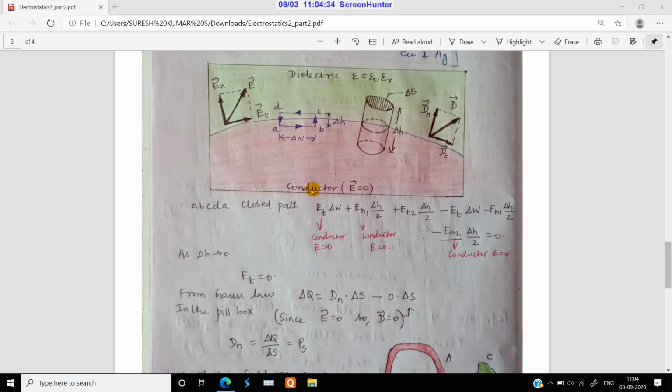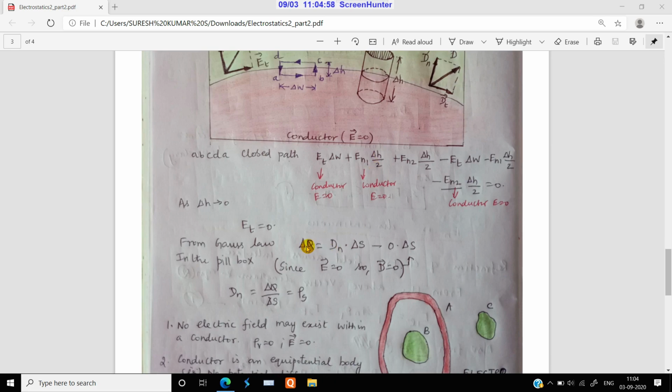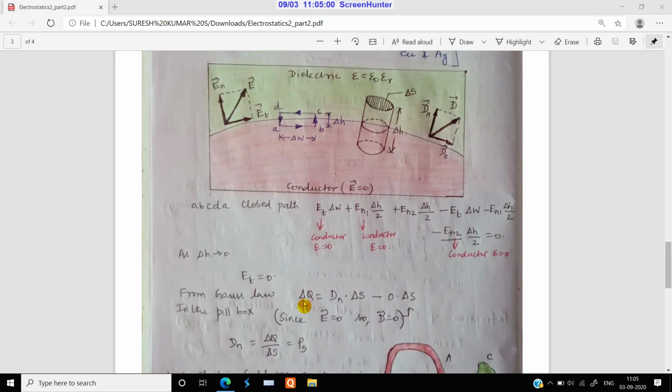Since the conductor has an electric field of 0, no charges accumulate in the conductor. So the dielectric medium is the only one that has the charges, and the conductor medium doesn't have any charges. So we can write the differential charge volume of the particular boundary.